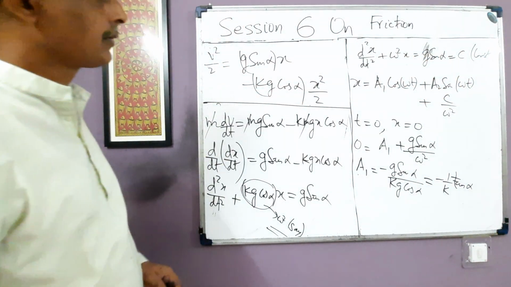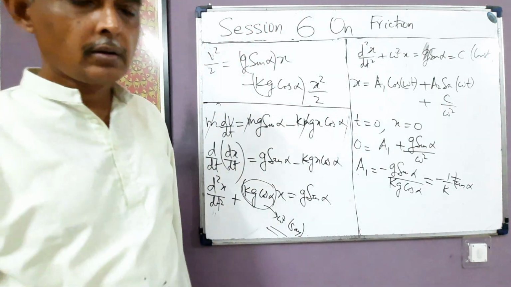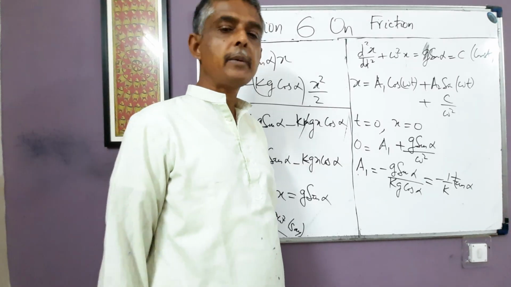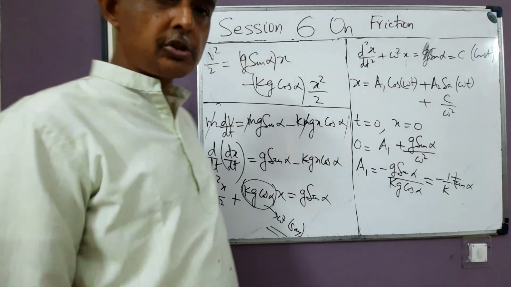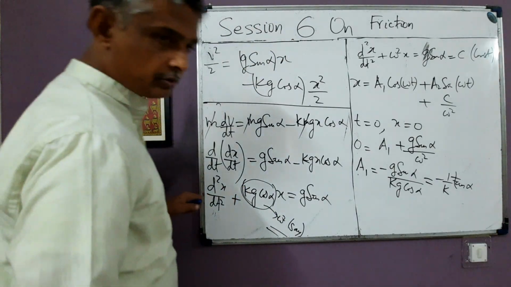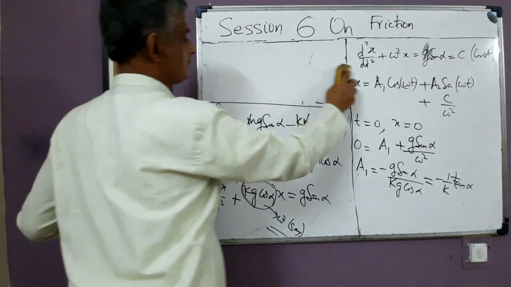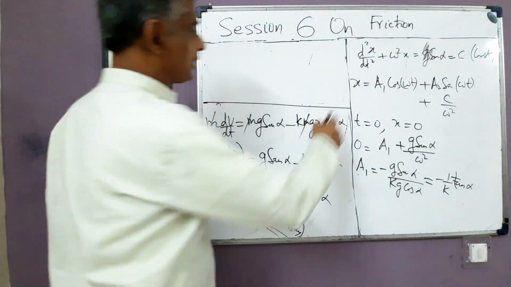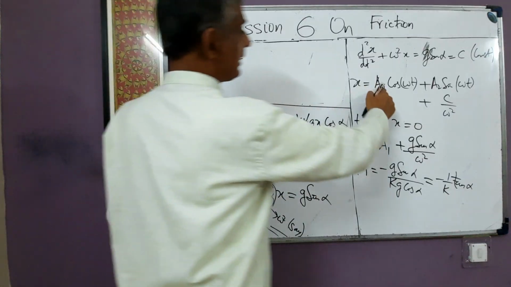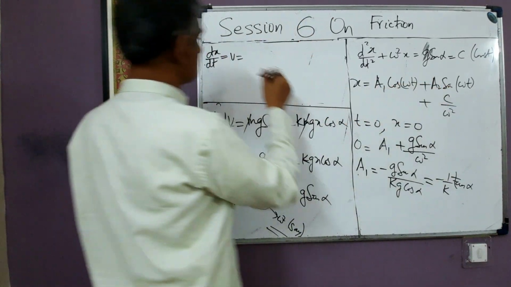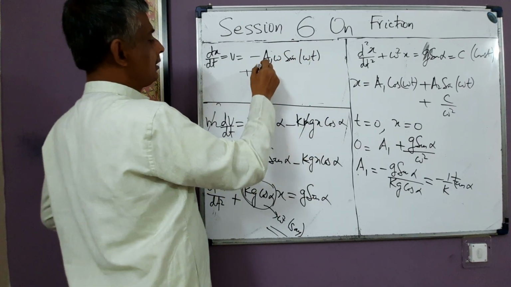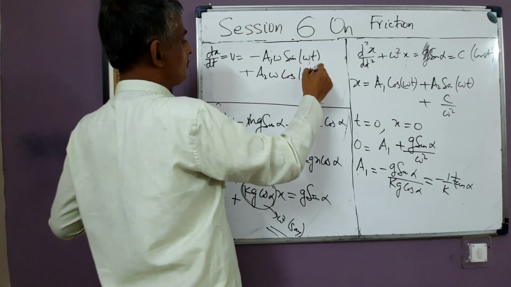A1 we have obtained. Now we also need to obtain a2. At the initial instant the block was at rest. So velocity of the block, dx by dt, is v. At time t equal to 0, v is equal to 0. So we get the second condition from there. I differentiate this with respect to time using the chain rule of calculus. Dx by dt, that is v, equals minus a1 omega sin of omega t plus a2 omega cos of omega t.